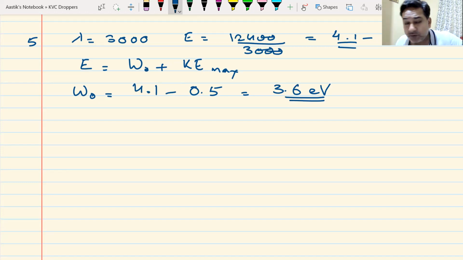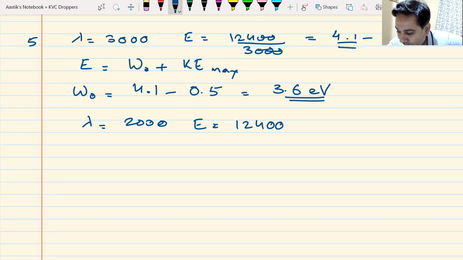That's it, sir. Now we have to find out how much energy I have at 2000 wavelength. So I write the wavelength as 2000 Angstrom unit. I will not waste time in writing the unit. I will just calculate the energy. How much is the energy of this? 12,400 divided by 2000. Yes, 6.2.